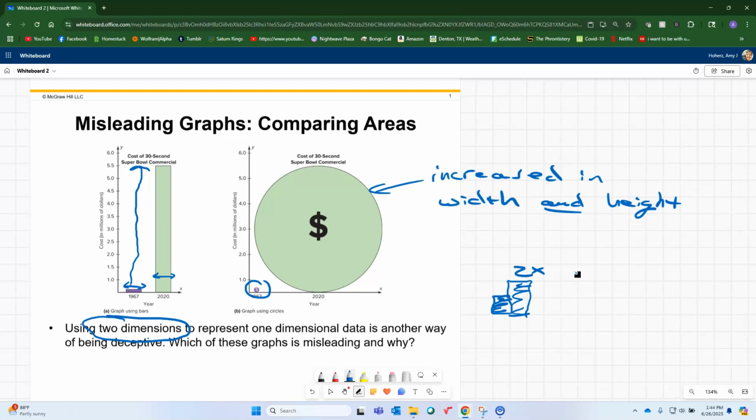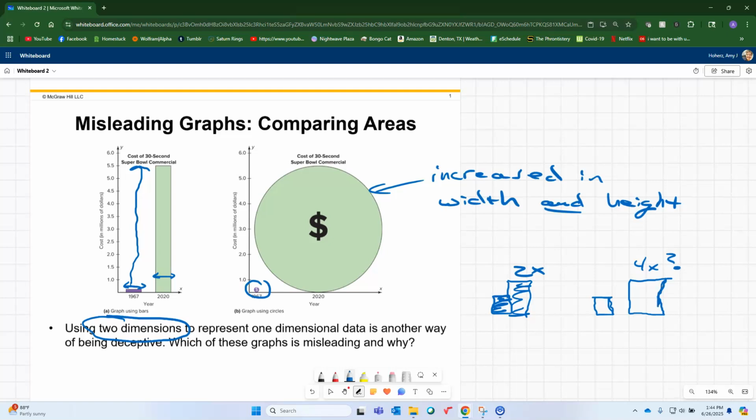But if I increase the height and the width, so I have a bar that's just 1 high, and then I put a bar next to it that is not only increased in height but also in width, then that's 4 times as big in area.